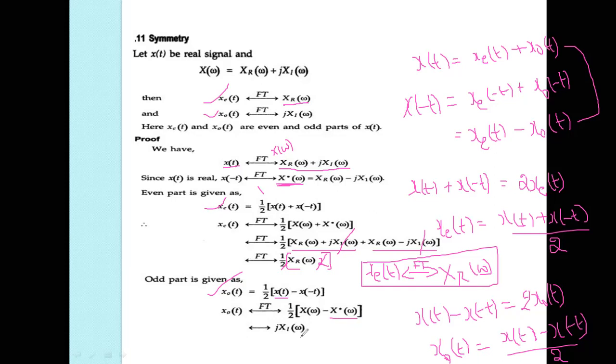The 2 gets cancelled, and we have the j term: j into Xi of omega. So xo of t is a Fourier transformation pair of j into Xi of omega. This is the symmetry property in Fourier transformation. Understood, my dear students?